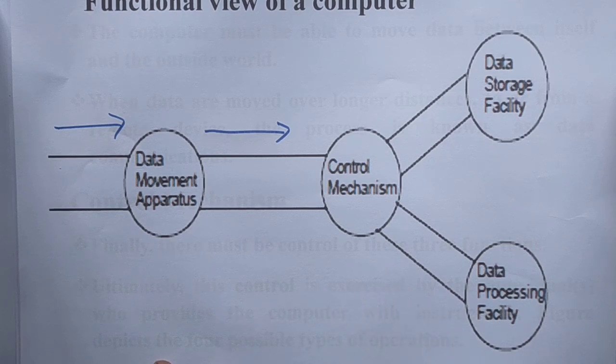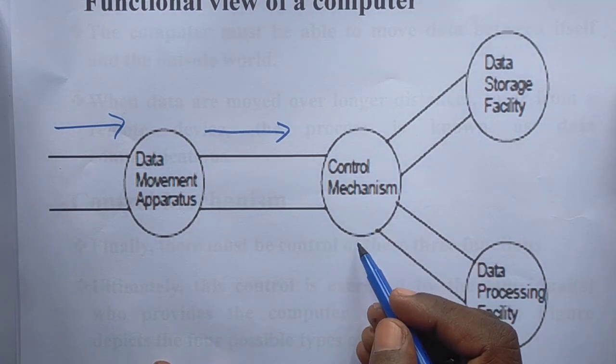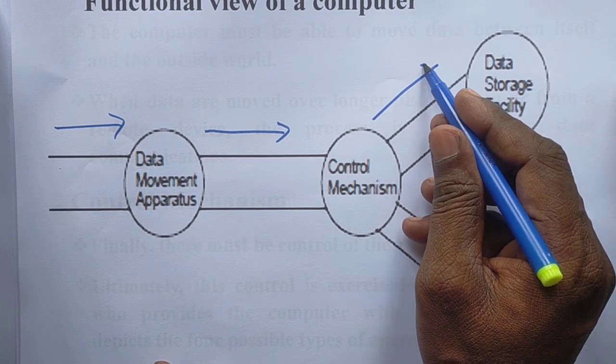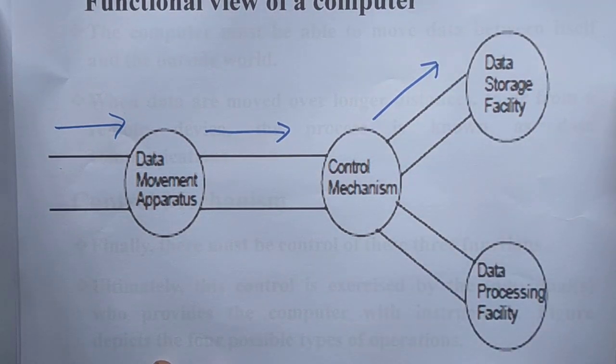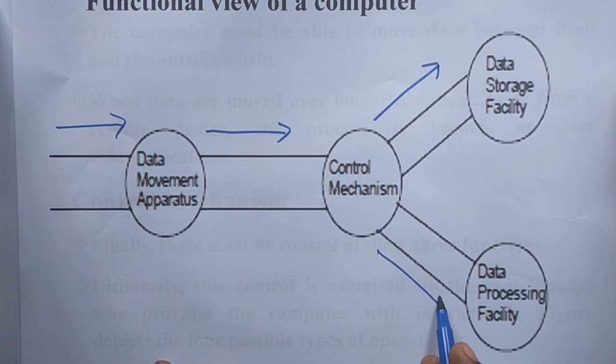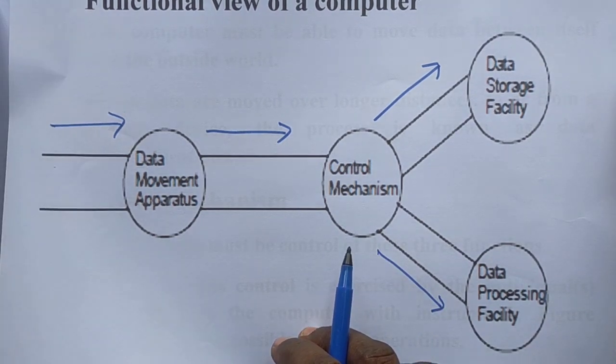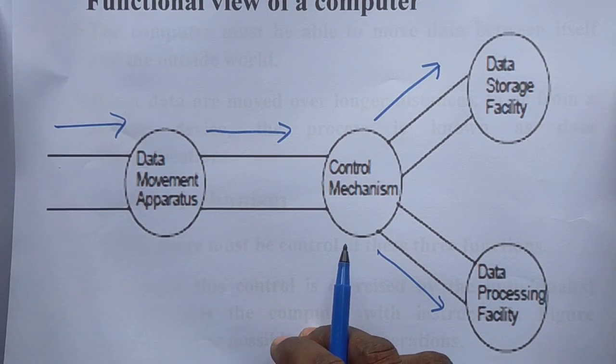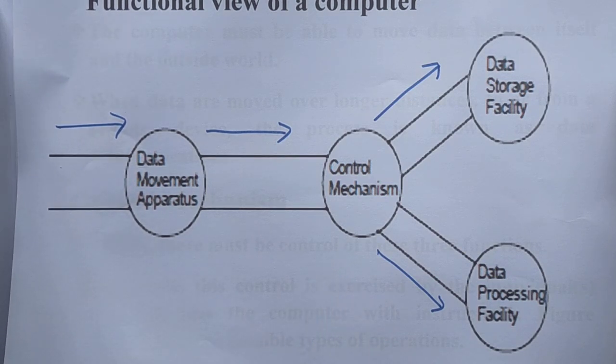To which component it needs to be transferred is controlled through the control mechanism. If it is storage, no problem, it transfers to storage and stores the data. If the data needs to be operated on, it is transferred to central processing or data processing facilities. These are the overall functional units of a computer system.